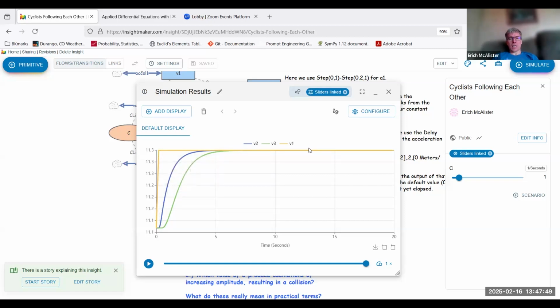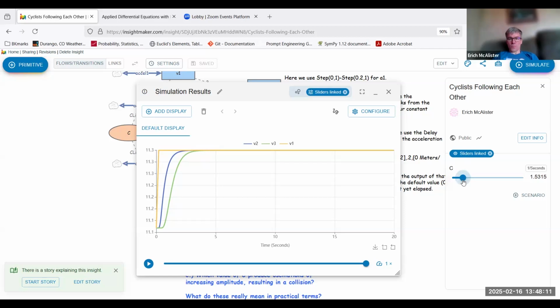And then we start saying, okay, what happens when we change C? Well, we've got the sliders linked up here. So if I start changing C, we can change it up to 1.5. It changed a little. So 5 over E is about 1.85-ish.